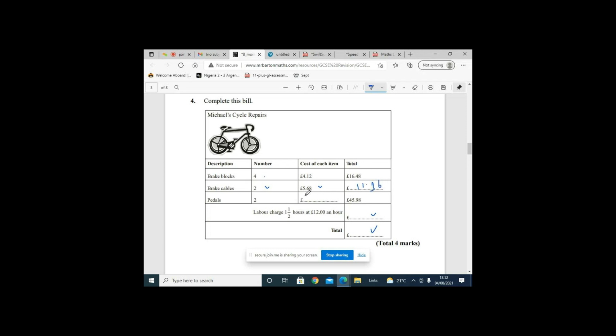Then to find this one, just divide £45.98 by 2, which is £22.99.